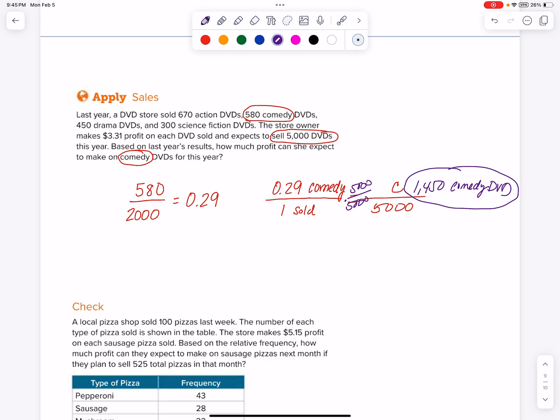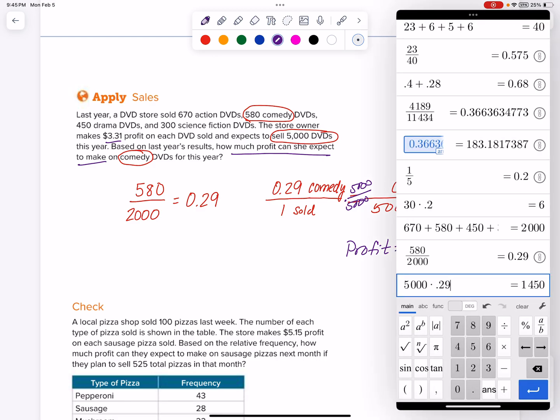Okay, now there is another question. How much profit can she expect to make? She makes $3.31 profit on each one. So we need to go ahead and multiply that by $3.31. And let's figure out what our profit is.